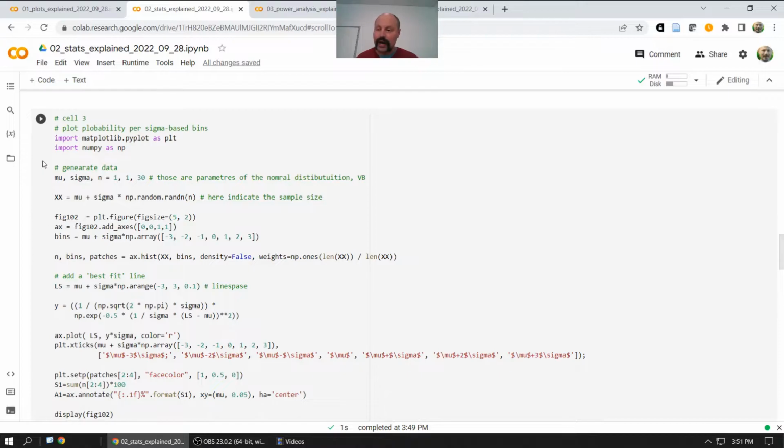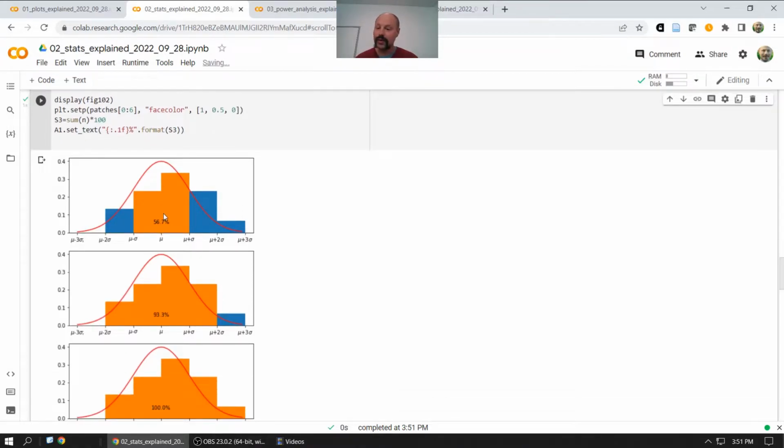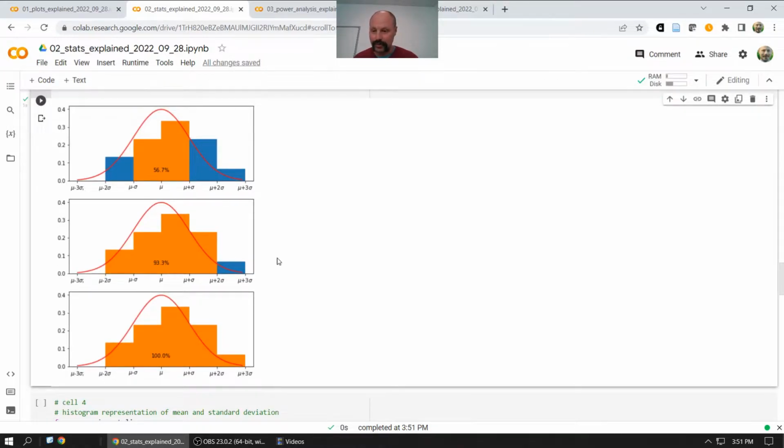Now we will try to replicate this rule in our data which are generated. And you see that the rule is more or less replicable.